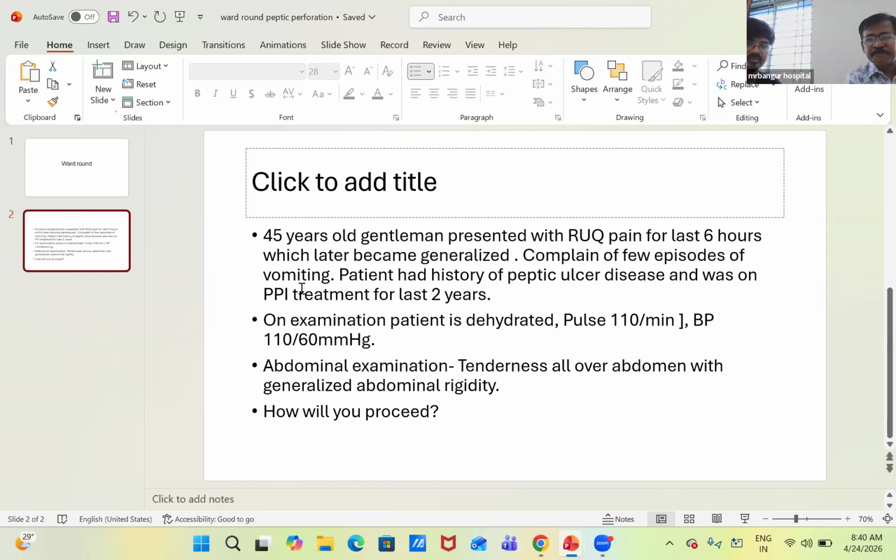And apart from this, there should be other possibilities like pancreatitis, other hollow viscus perforation, acute cholecystitis, and even an appendicular perforation. So, Dr. Lahiri, you can please continue. He should now proceed with the further progress of this patient: how to assess, what investigation to do, and how we should manage the patient.